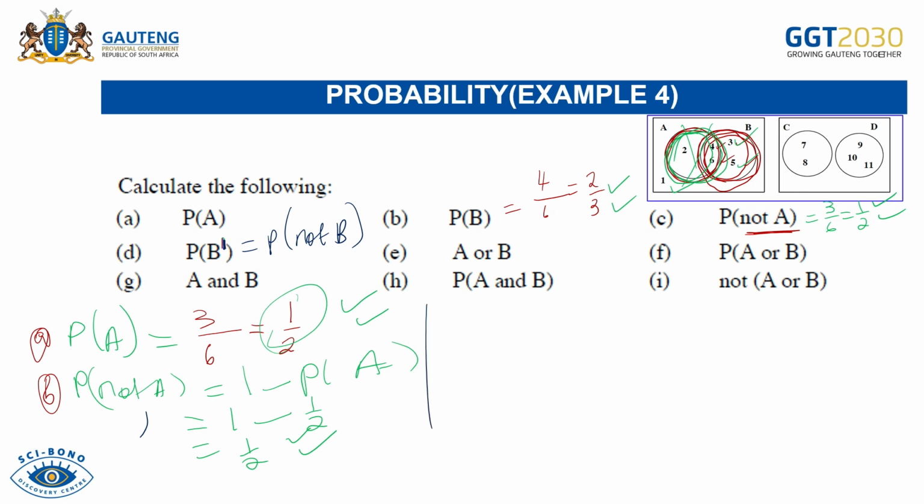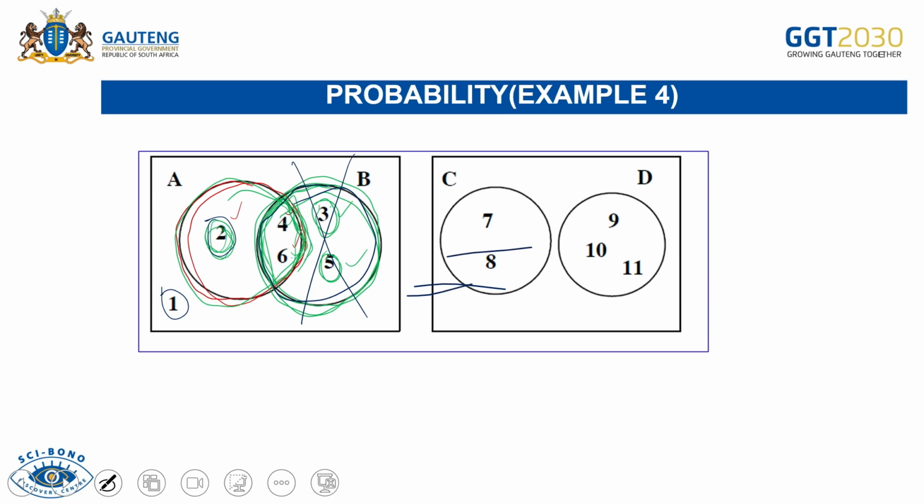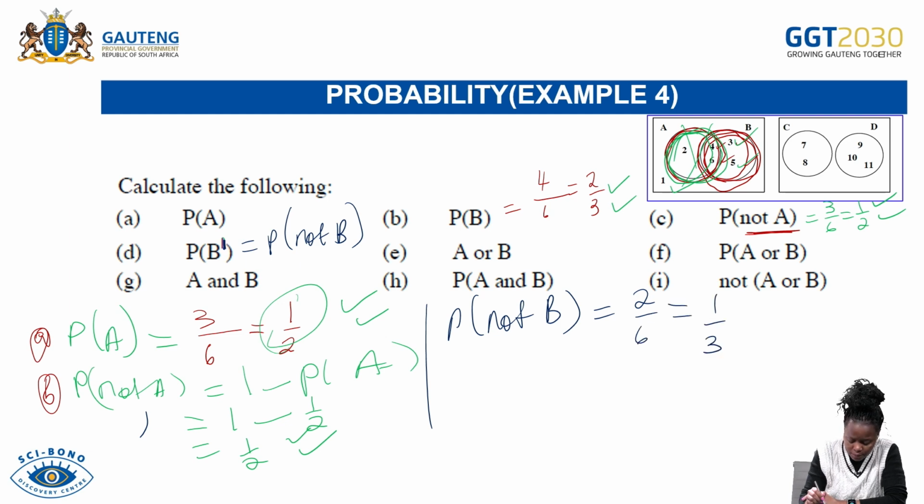So the probability of not B: if B is out, then you can only get a 2 and a 1. So it is going to be 2 out of 6, which is going to be 1 all over 3.